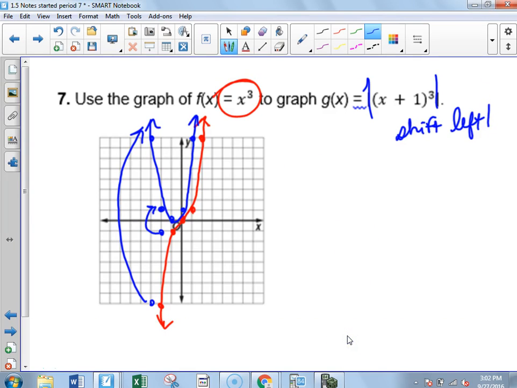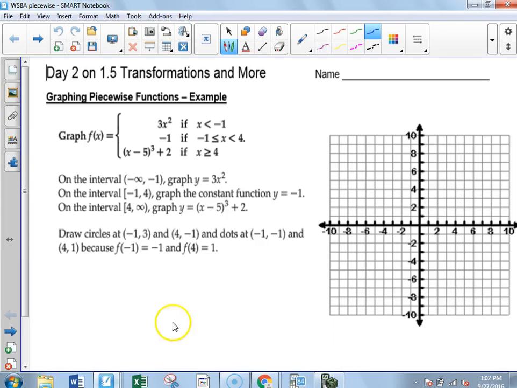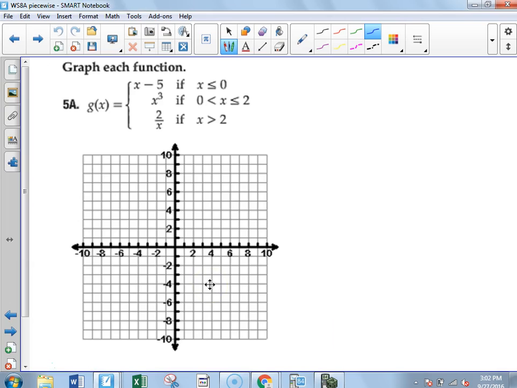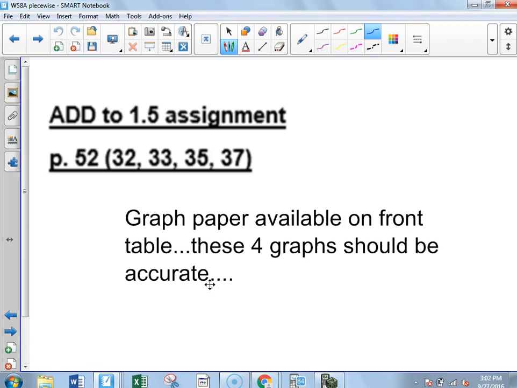All right. The problems you needed to do on that were here, 7 through 13, and so on. Everybody okay? Now, what you're supposed to add tonight to that assignment are just these 4 questions. And I'm going to put this up here real quick. Okay, so on page 52 tonight, you need to add 32, 33, 35, and 37.